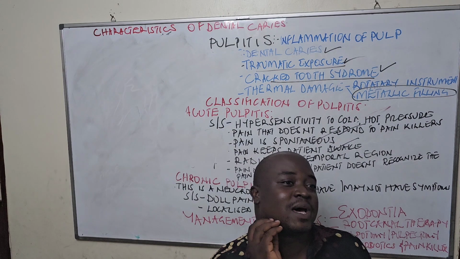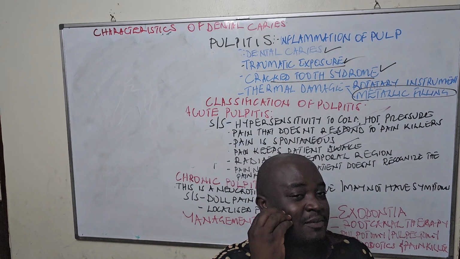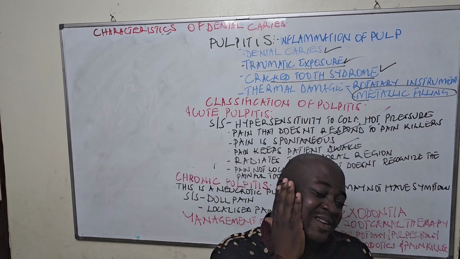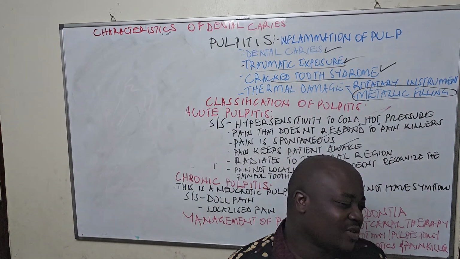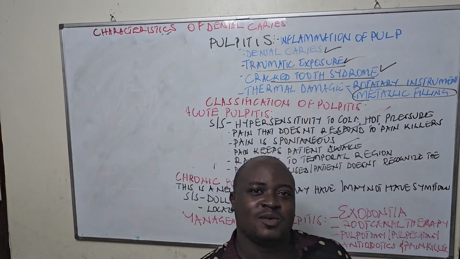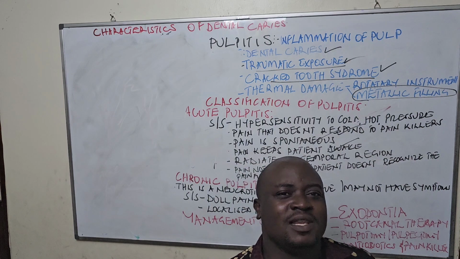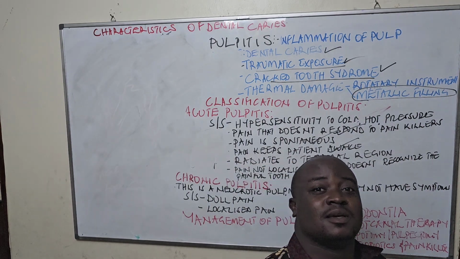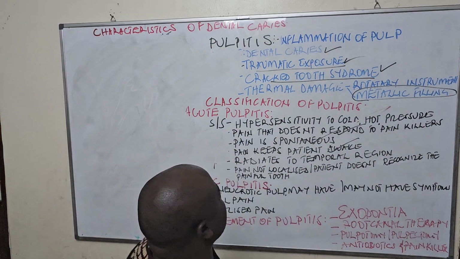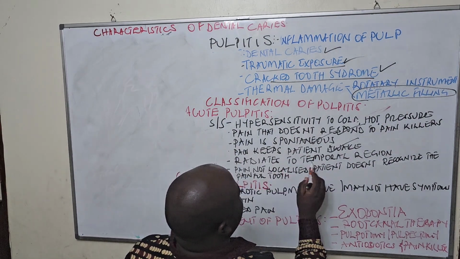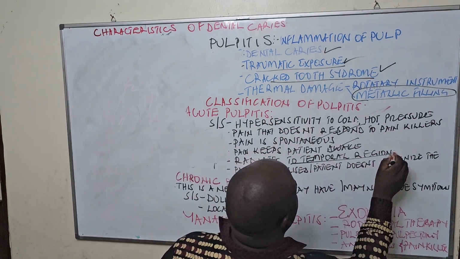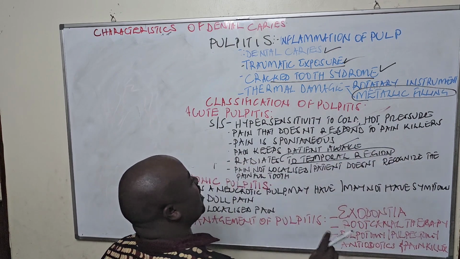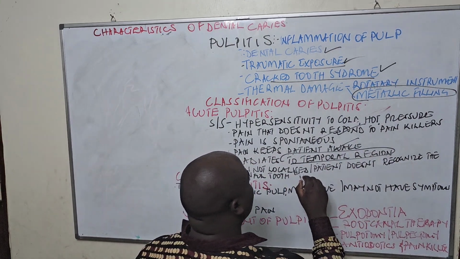You have it in the mandible, you feel the what? The maxilla. But it can radiate to that temporal region. Someone tells you, I don't know the exact tooth paining me, but I feel I have toothache. So this is the pain which radiates to the temporal region. And we are saying the pain is not localized.